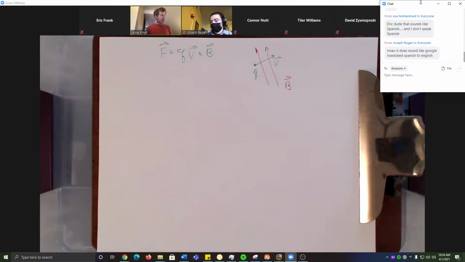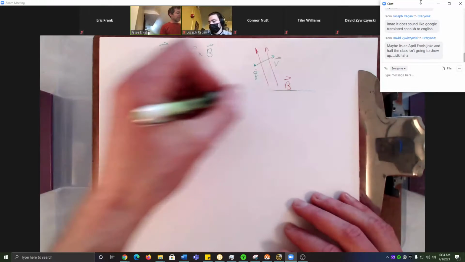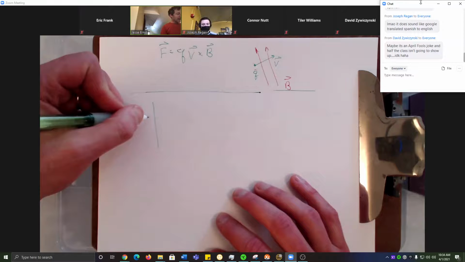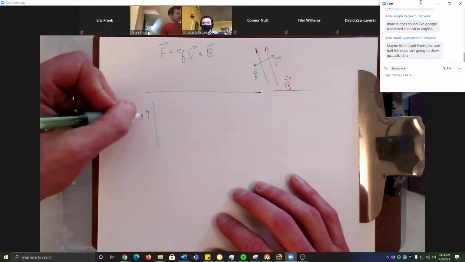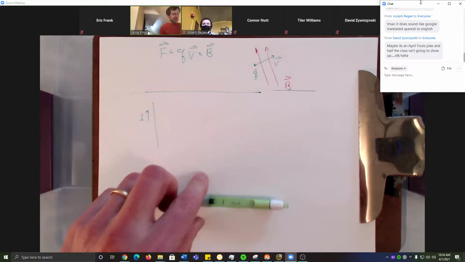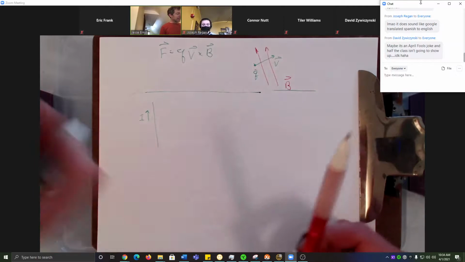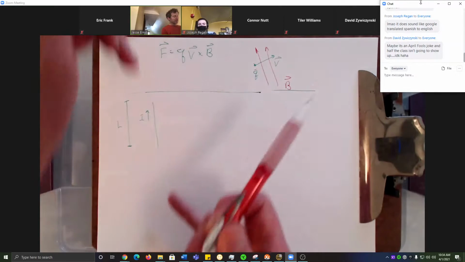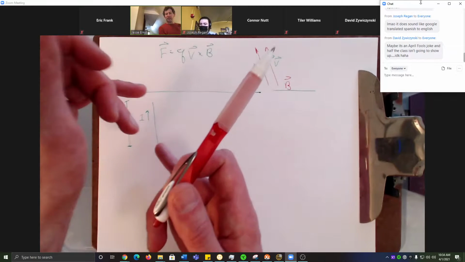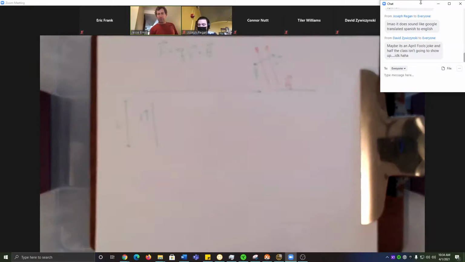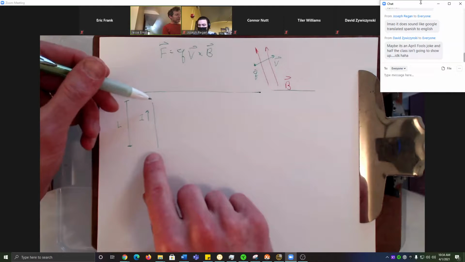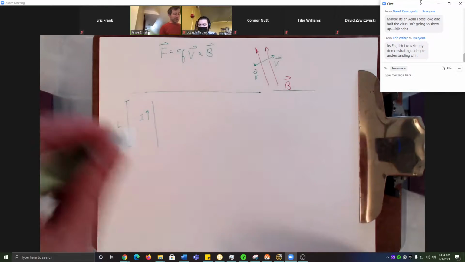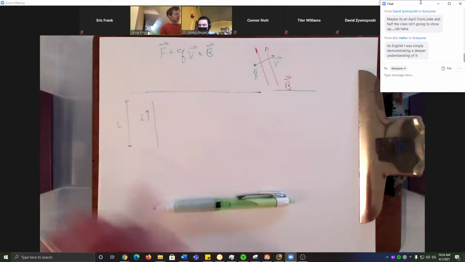So we did some things with that. And then we derived last class that if I have a wire with current I, in some magnetic field, and let's say this wire has a length of L. I know the wire can't just abruptly end, but suppose we're measuring the force on a section of it of length L. The wire keeps going, but we're talking about the force on a section of it.